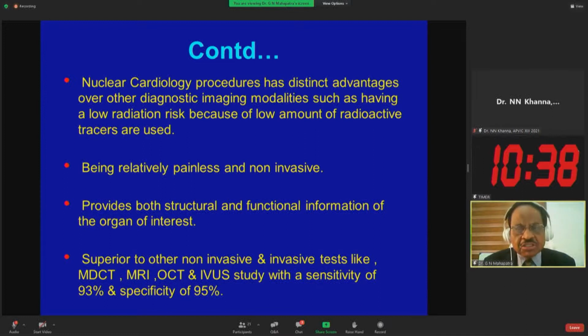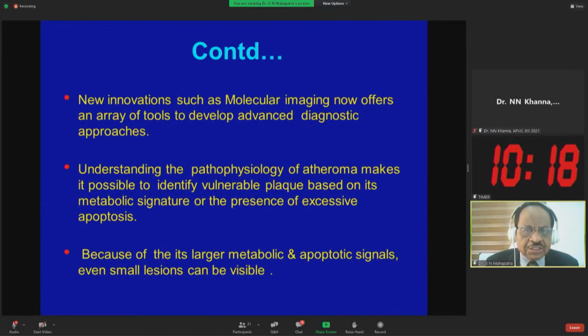risk because a low amount of radioactive tracers is used. It is relatively painless and non-invasive, and provides both structural and functional information, superior to other non-invasive and invasive tests like MDCT, MRI, OCT, and IVUS, with a 93% sensitivity. New innovations such as molecular imaging now offer an array of tools to develop advanced diagnostic approaches.